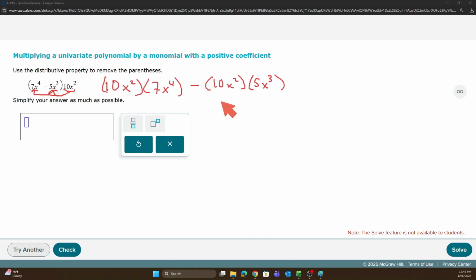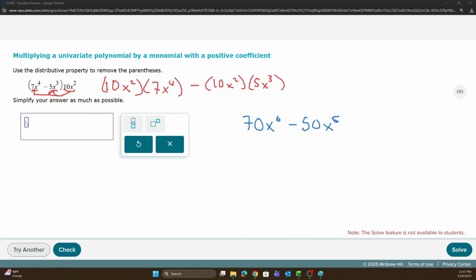Now, if we multiply everything out, the first one we have the 10 times 7, so that's 70. And then x squared times x to the 4th is x to the 6th. Then we have our 10 and 5 gives us 50. X cubed times x squared gives us x to the 5th.